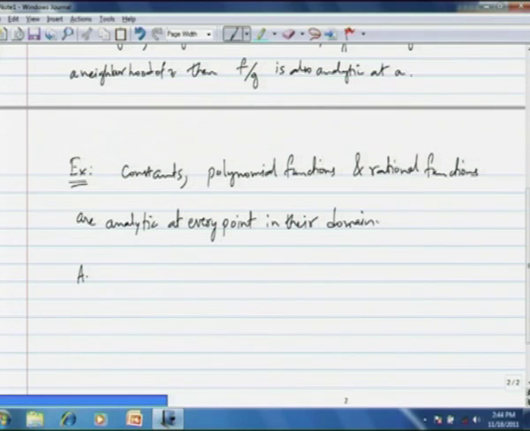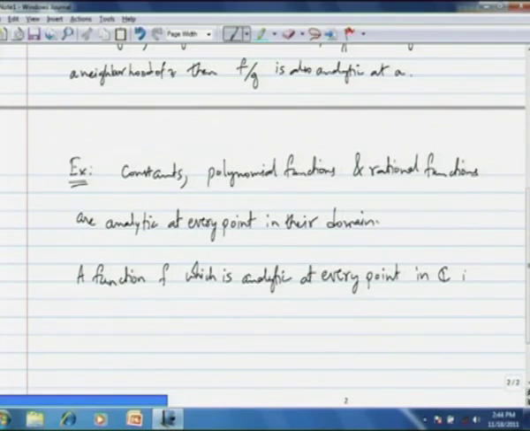A function f which is analytic at every point in C, so in particular it is differentiable at every point in C, is called an entire function.